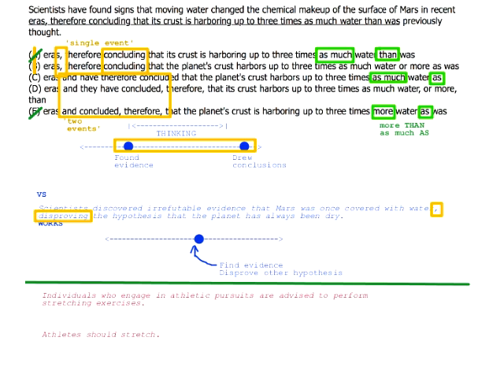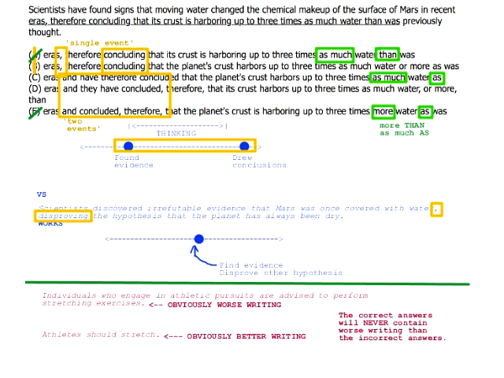But the point is that this is obviously better. This is obviously worse writing, and this is obviously better writing. This is not technically an issue of right and wrong, but one thing you can rest assured of is that the correct answers will never contain worse writing than the incorrect answers.